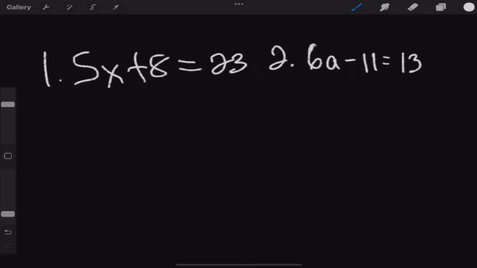Our first equation is 5x plus 8 equals 23. So first off, remember PEMDAS. We are going to be starting with parentheses. There's no parentheses. Exponents, no exponents. Multiplication, there is multiplication.